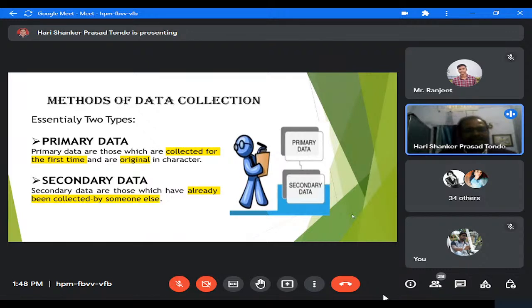What are secondary data? Secondary data are those data which have already been collected by someone else. For example, when we are reviewing the literature, some have already done research on a particular topic, and we are getting some information from those research papers.